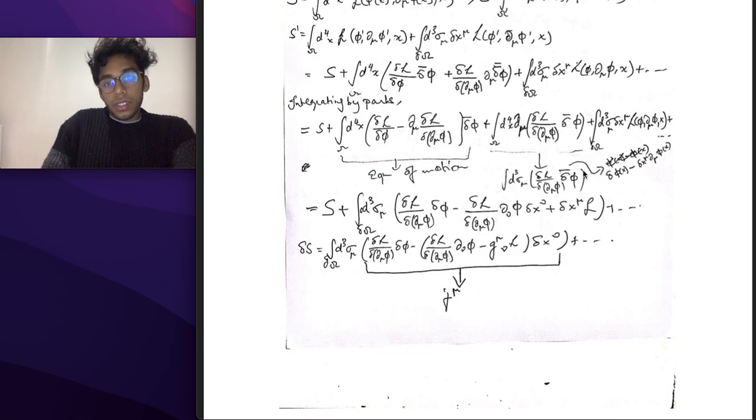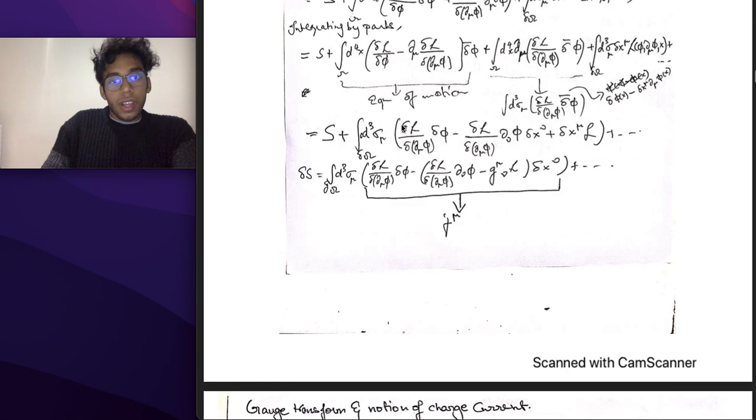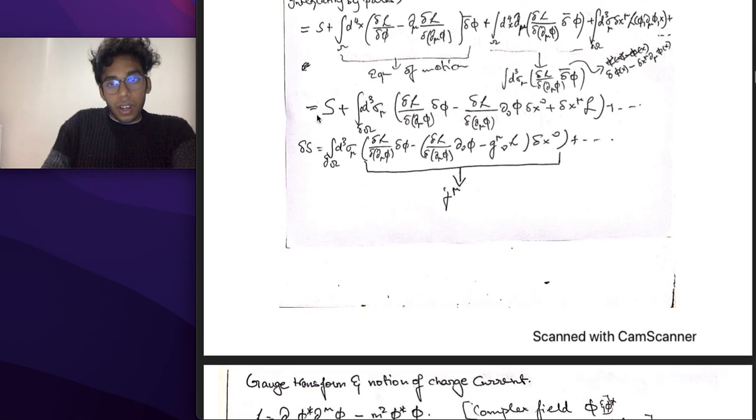Now this condition on the boundary is of special interest to us, and we notice that it gives you our conserved current. It has to vanish, and that vanishing part is dynamic, and it gives you your conserved current.